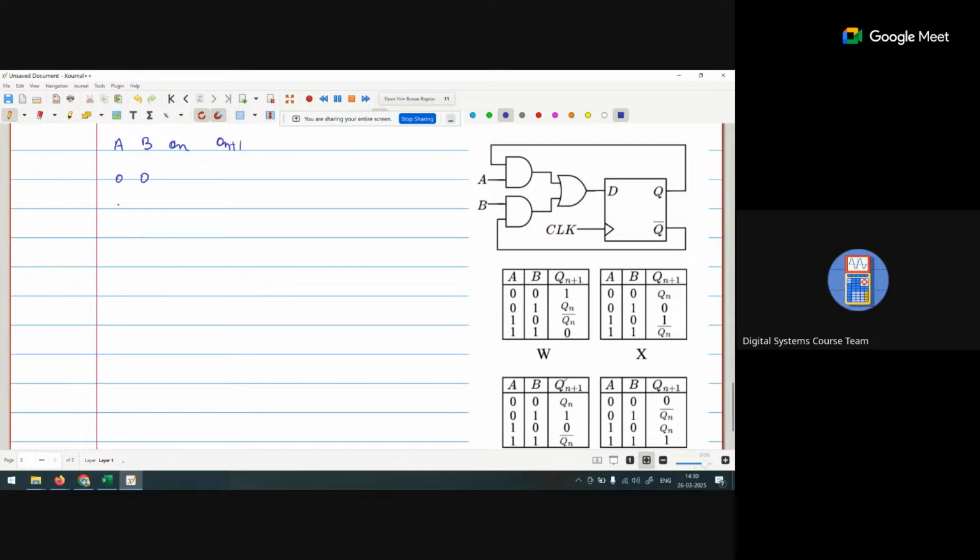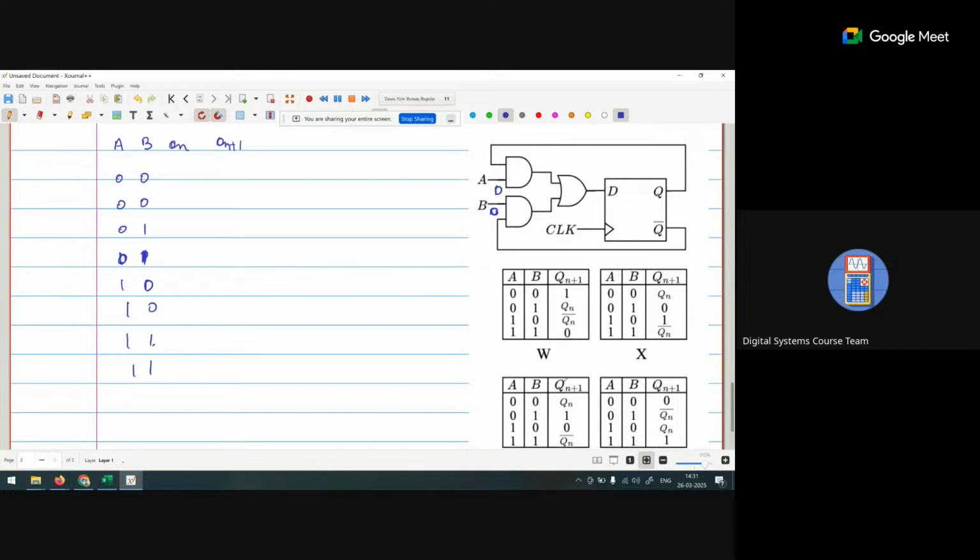So when AB is 0 0, okay, then A is 0, B is 0.